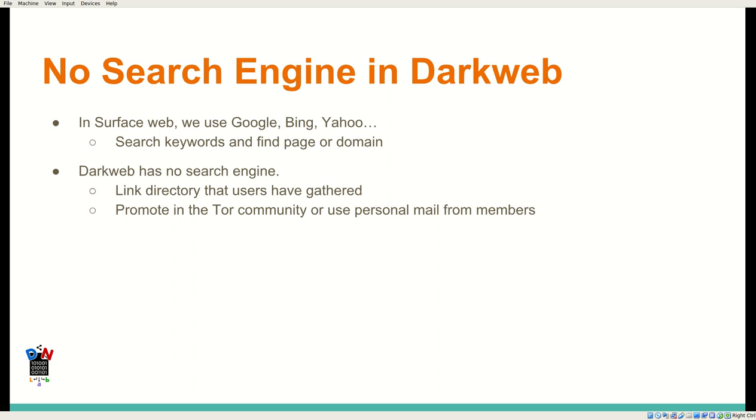However, Tor does not have a search engine like Google or Bing. Hidden services are notified via Tor's community or private emails through membership. For this reason, the onion addresses of hidden services are typically collected manually.